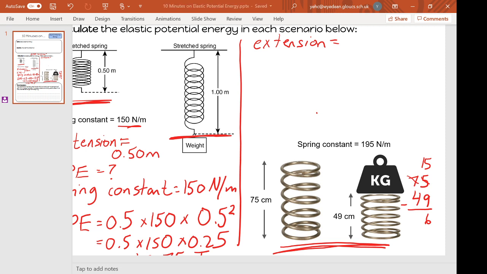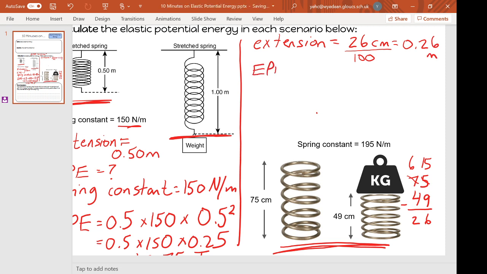So that's 26. So the extension is 26 centimeters, but remember, I have to have that in meters. So to change from centimeters to meters, you just divide by 100, 0.26 meters.